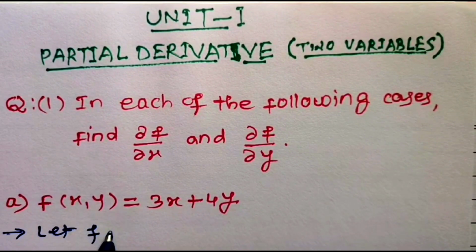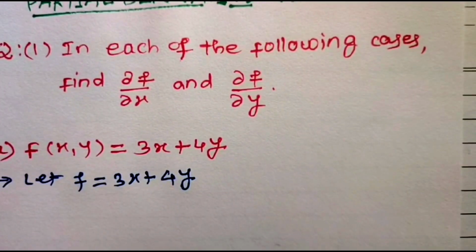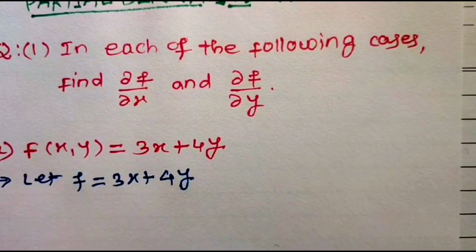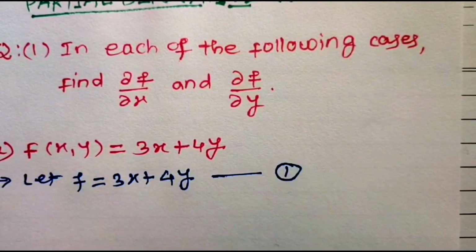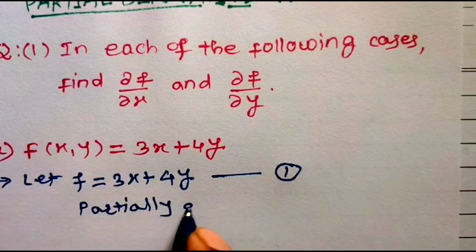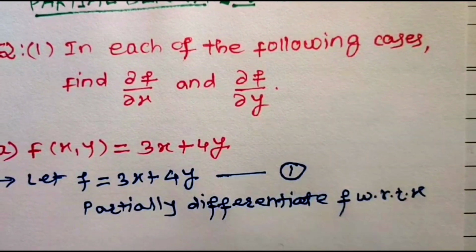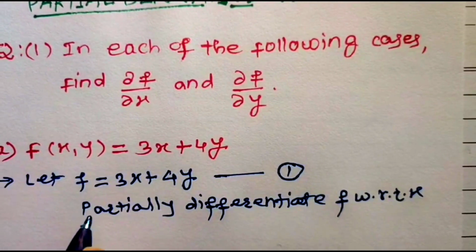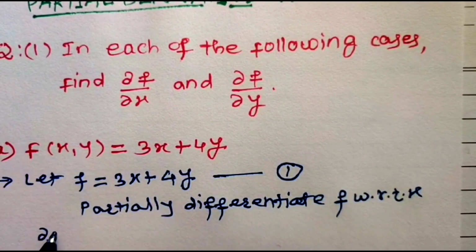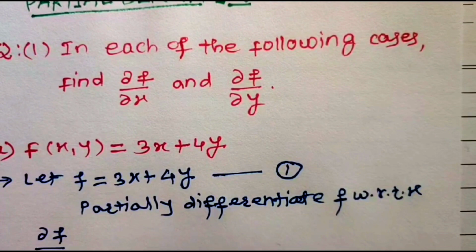Let f is equal to 3x plus 4y. And now we have to find out partial derivative of f with respect to x. Suppose this is 1. Partially differentiate f with respect to x. Then we can write this as partial derivative of f with respect to x.